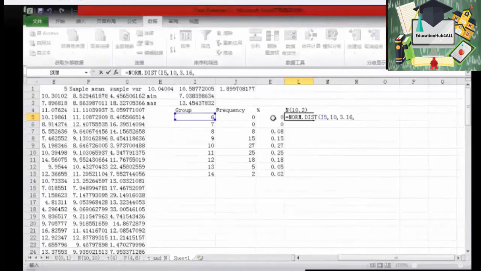Here, what should we use? We select true or false. What does the true mean here? This is the normal distribution.